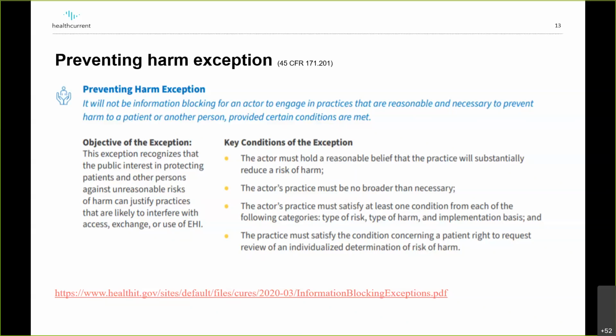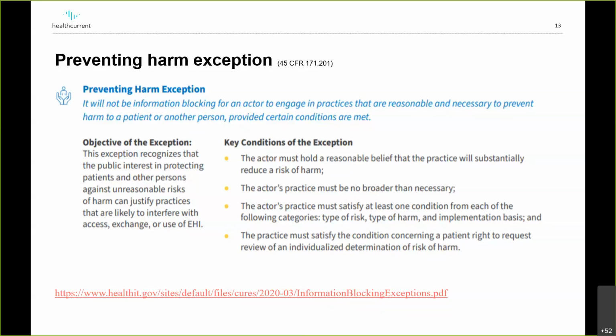And for healthcare providers, it's the first bucket that I think you're going to look to most often. You have to make a determination on an individualized basis by somebody who is actually a licensed healthcare provider and who has a past or current relationship with the patient whose EHI is at issue. And that's different than HIPAA, right? HIPAA, when you deny a patient access request, doesn't necessarily require that relationship between the patient and professional.